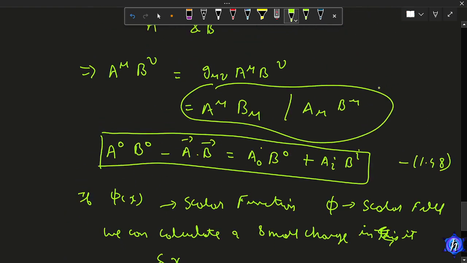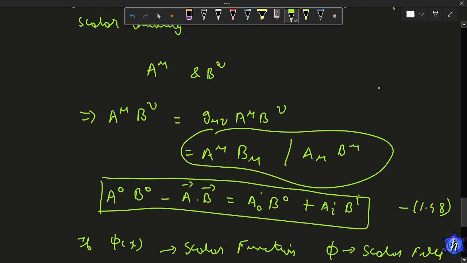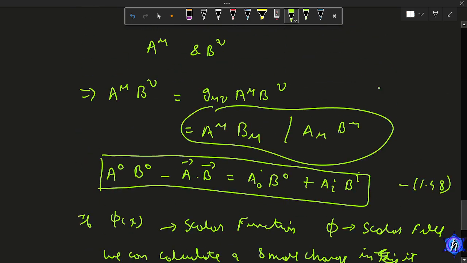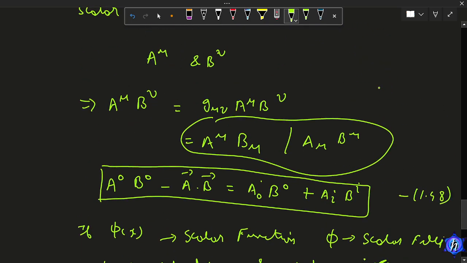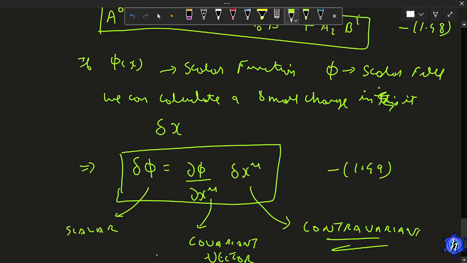If you don't understand, just look at this definition: contravariant, covariant, they produce a scalar quantity. Likewise, this is a scalar and we know this is a contravariant vector, so this must be a covariant vector in order for this to be equal.